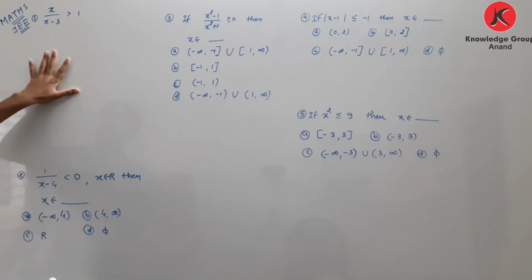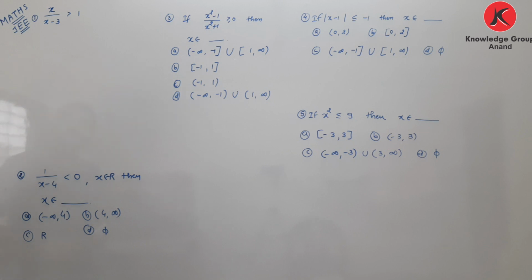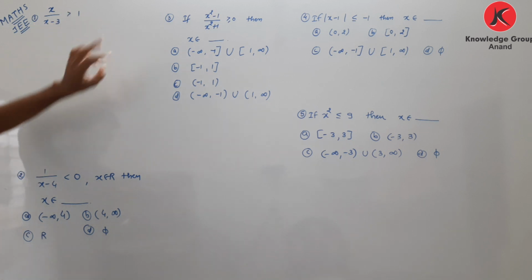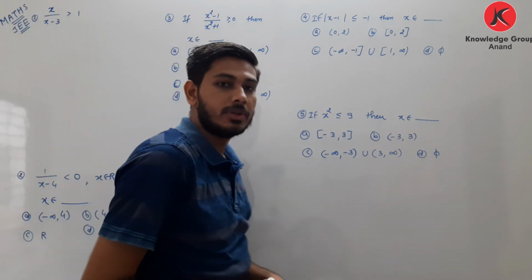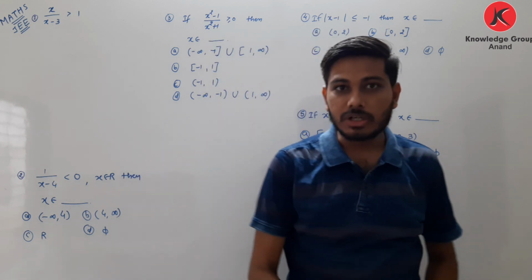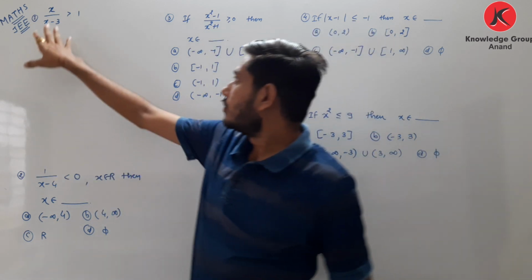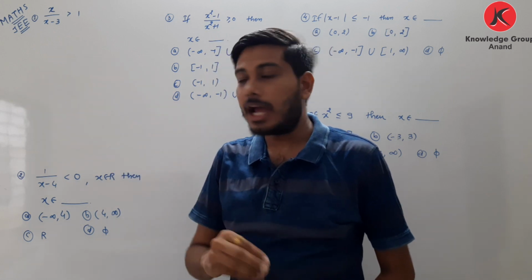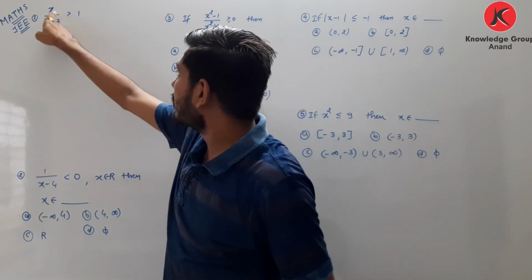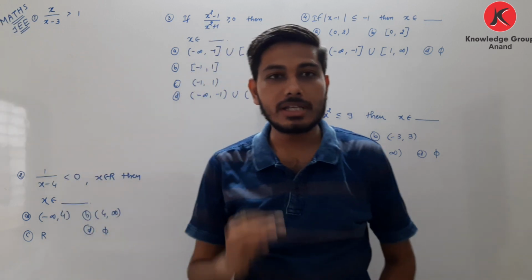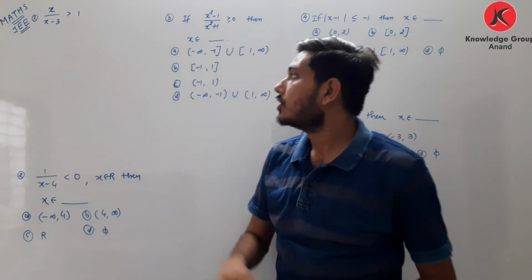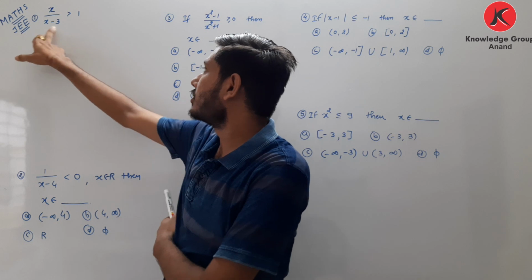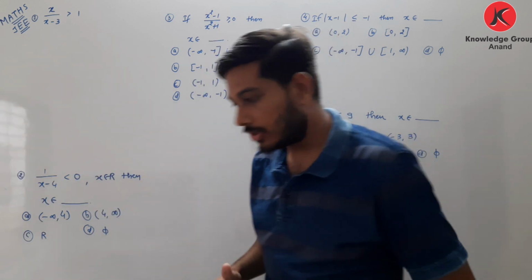Now see here. The first question is x upon x minus 3 greater than 1. Up to now, in your textbook we have seen inequalities in which the denominator is always a real number, not having any variable term.